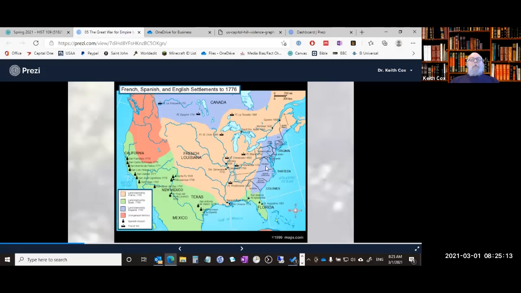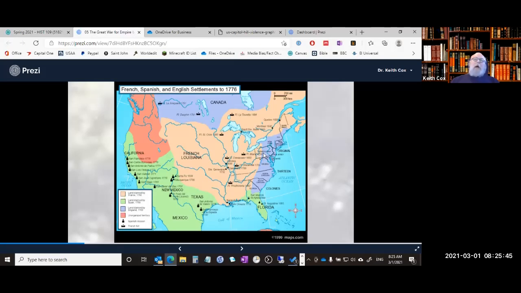So then later, the tensions between the French and the British over the dispute about this land are going to get worse. George Washington will lead a contingent of the Virginia militia into what is today Pennsylvania, and there will be a battle here, just a little skirmish really, called the Battle of Jumonville Glen.